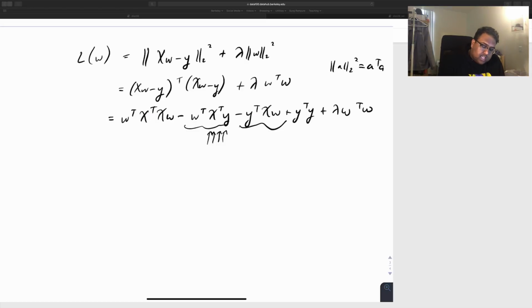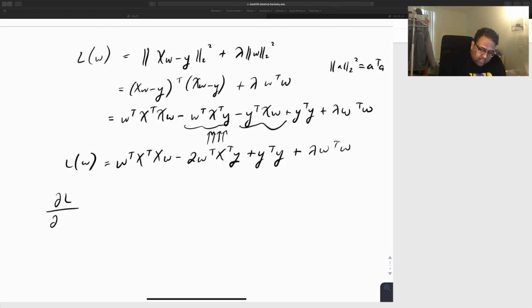So this entire thing is W transpose X transpose XW minus 2 W transpose X transpose Y plus Y transpose Y plus lambda W transpose W. And so that's still our loss.